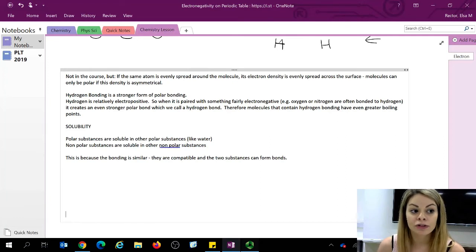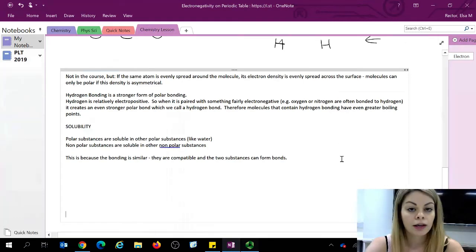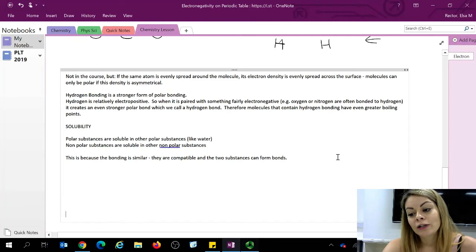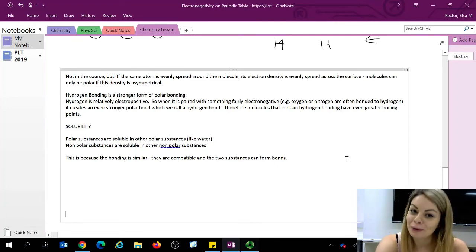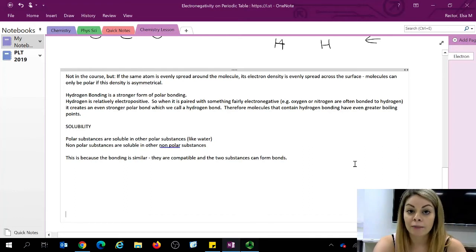Okay, so that's what solubility is. It's the bonds being formed between the water, or whatever the solute might be, and whatever you're adding in. Okay, now mostly when we talk about solubility, we talk about solubility in water, which of course is polar. So if we know something's polar, we know that it's going to be able to dissolve in water.